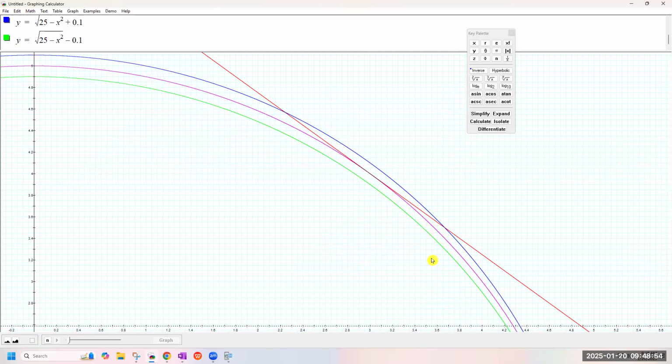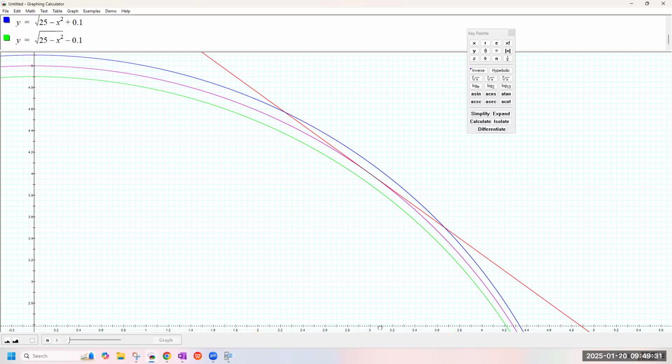The blue one is the above. It intersects at approximately less than 3.7, and at 2.25 and 3.65. 2.25, 3.6.